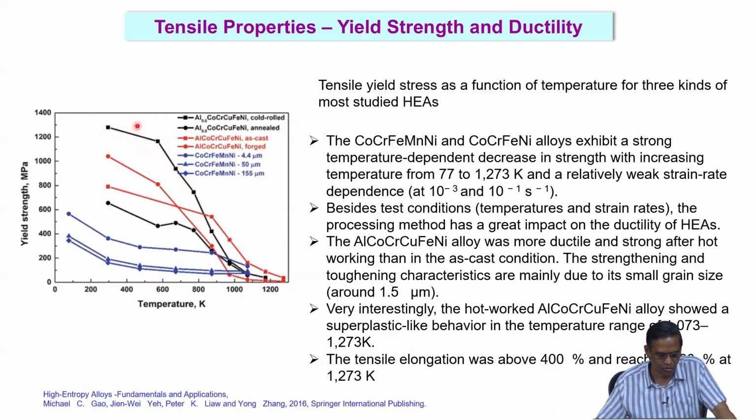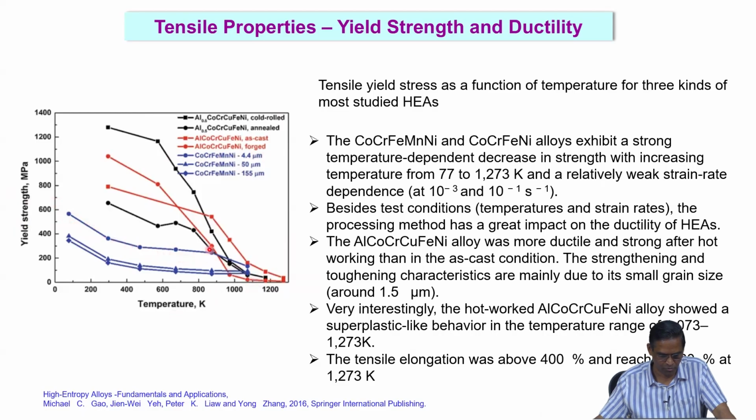As the temperature goes up, the drop of the strength is quite steep for the cold rolled, and of course a very fine grained material has a very smooth transition of the strength.